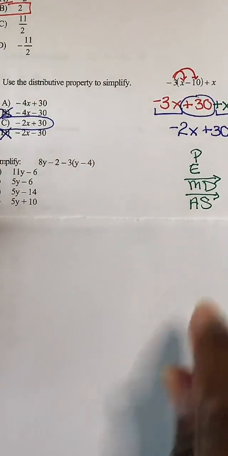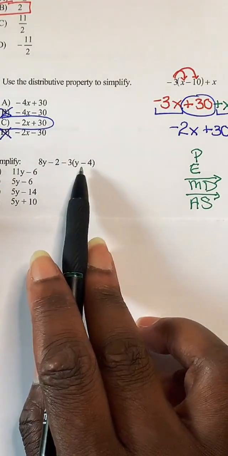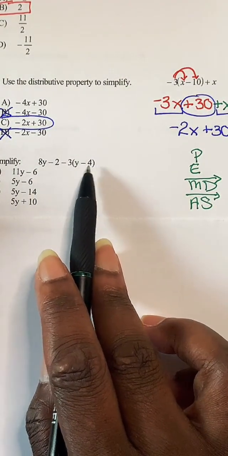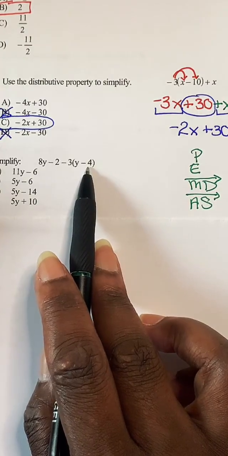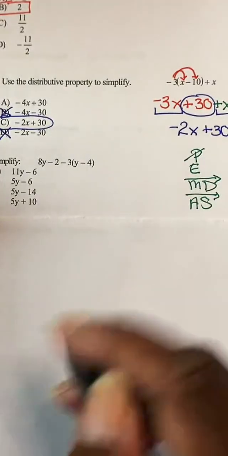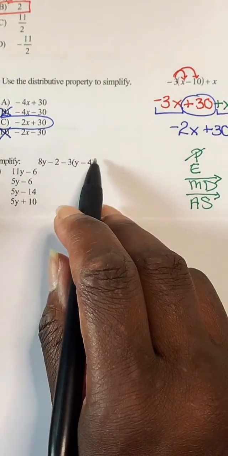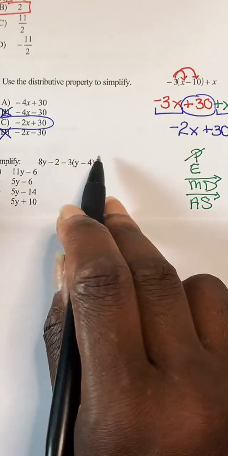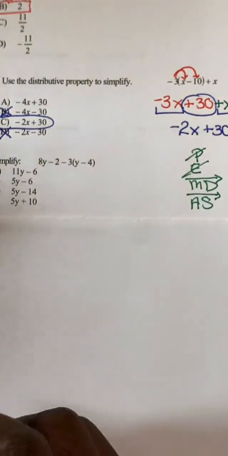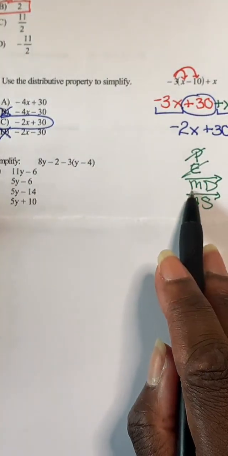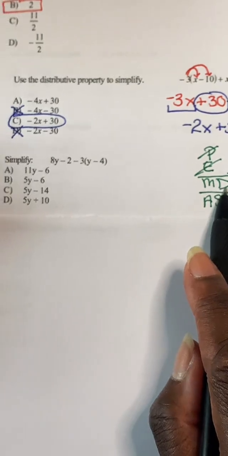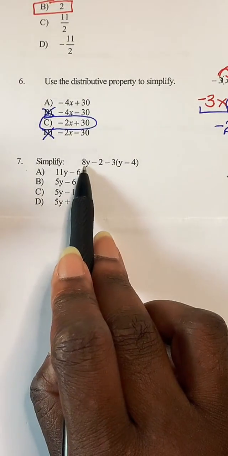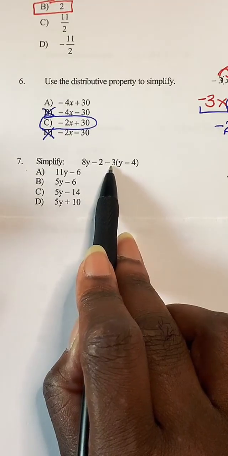All right, so here we go. Always think of please excuse my dear Aunt Sally, and we're going from left to right. That is the critical piece. So we have parentheses, but we have a y minus 4. We can't combine those. So boom, that's done.